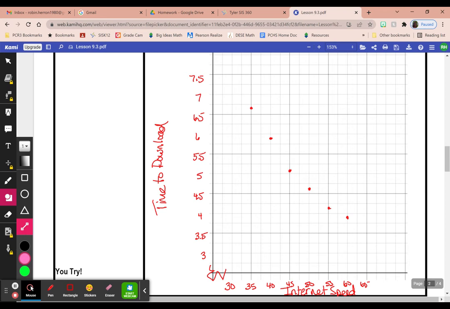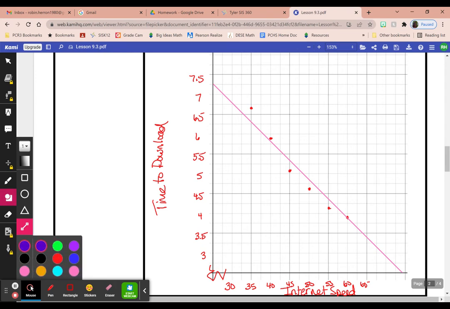And my line, we're going to go somewhat in here. Kind of maybe through the middle of these as best I can. Kind of 3 on one side and 3 on the other, okay? All right, so you have to pick 2 points that your line goes through.